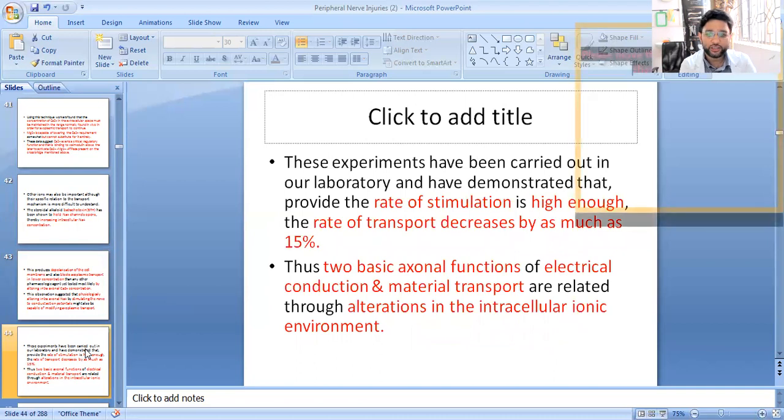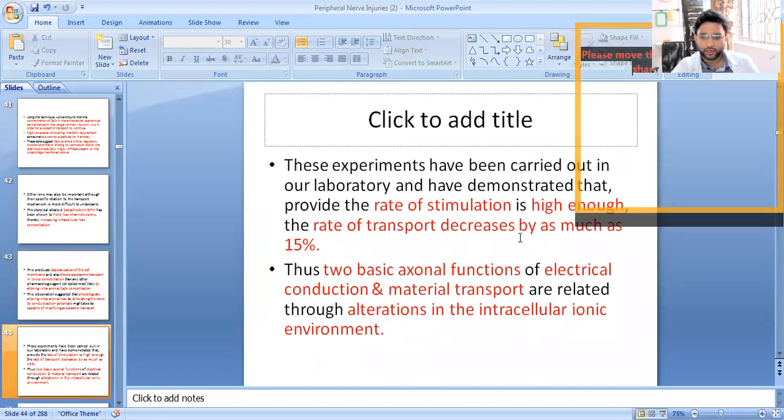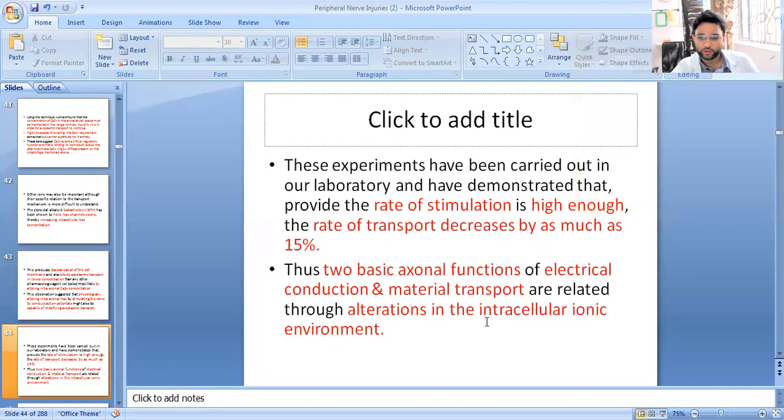These experiments have been carried out in our laboratories and have demonstrated that the rate of transport decreases by as much as 15%. Thus, two basic axonal functions of electrical conduction and material transport are related through alteration in the intracellular ionic environment.